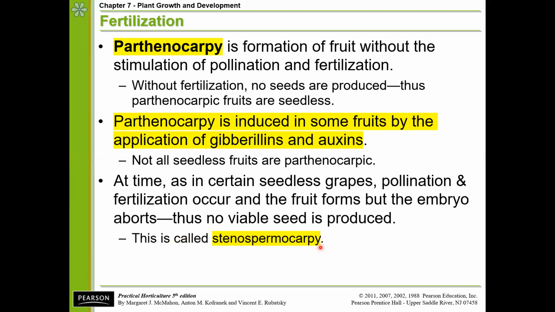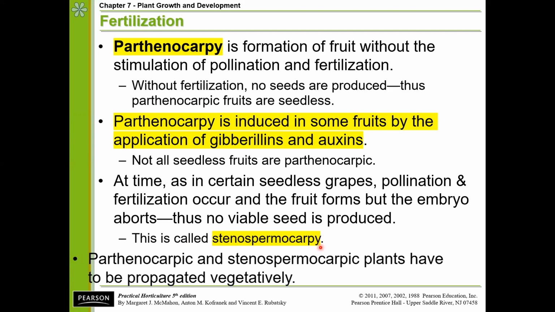In some cases, though, like with seedless grapes, we do have pollination and fertilization occurring and the fruit forms, but then the embryo itself aborts, and therefore there is no viable seed produced. And that's a different phenomenon known as stenospermocarpy.